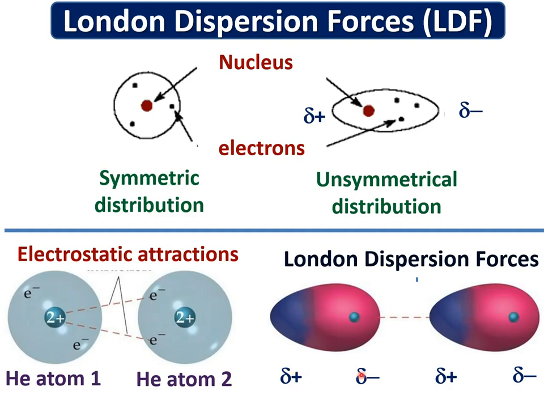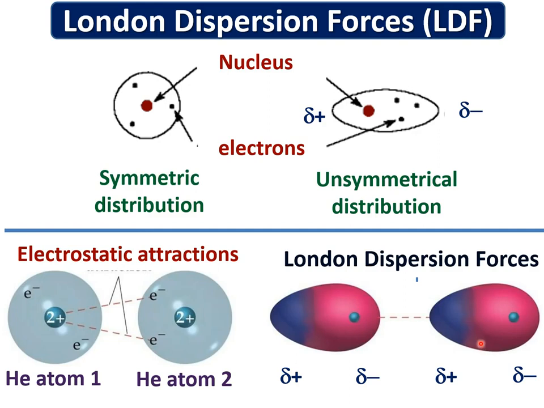This can inspire another momentary polarization for the next atoms. Okay, so it can affect the atoms in the nearest neighbor. If some atom is subjected to a momentary polarization, it can induce another polarization in the next, and this one can affect the next, and this one can affect the next.